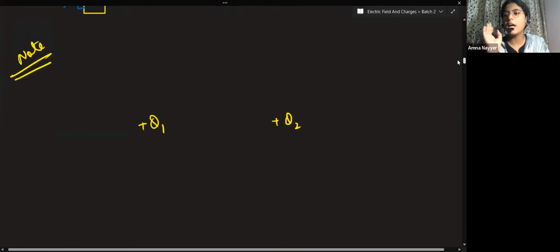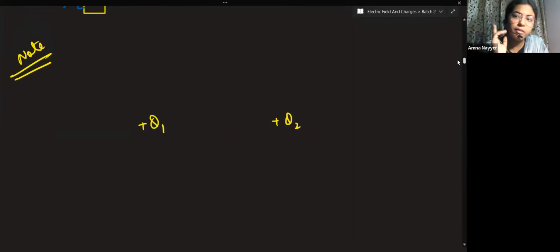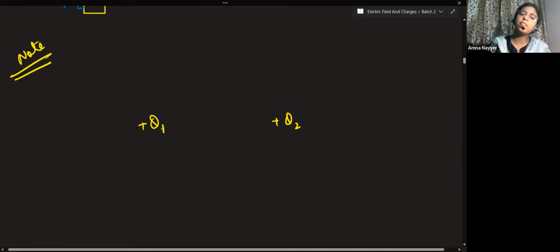See, if both of them have the same magnitude, the neutral point will be simply in the middle, the way we have done it for the electric field. But if both of them are not having the same magnitude, where will you put the neutral point? Towards Q2, towards Q1? There should be some basis for it, because you cannot put it in the middle by yourself.